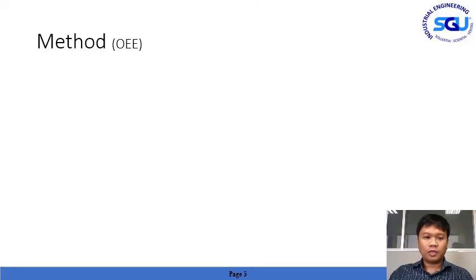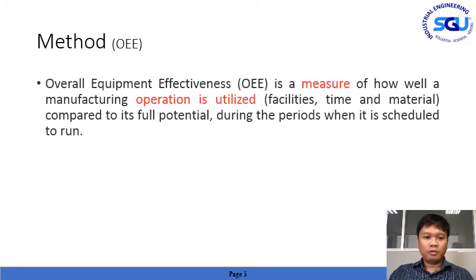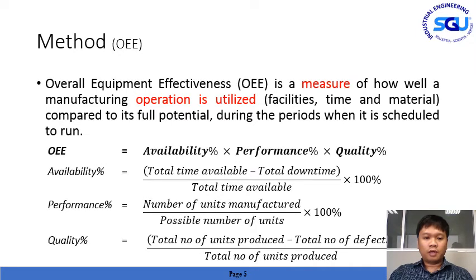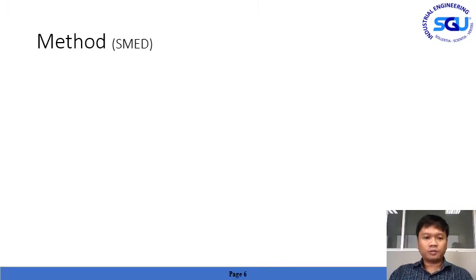So the first methodology is OEE. OEE is the overall equipment effectiveness, a measure of how well a manufacturing operation is utilized during a period of time. OEE can be defined by the availability rate, performance rate, and quality rate. The next methodology is SMED.